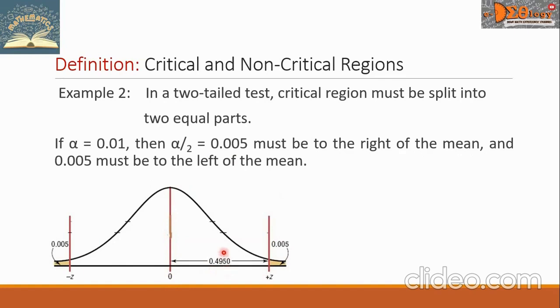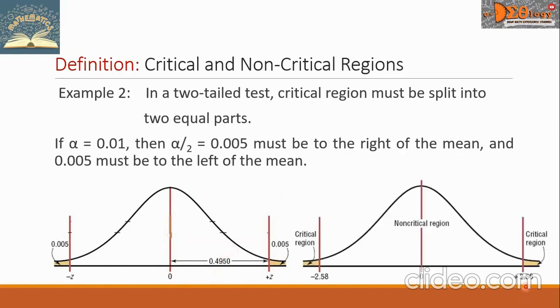Looking for the corresponding z value, the area 0.4950 corresponds to 2.58. So we write here positive 2.58, and on the left side is the negative 2.58.